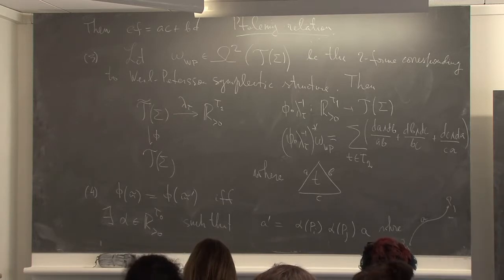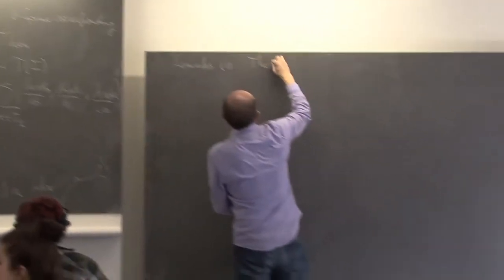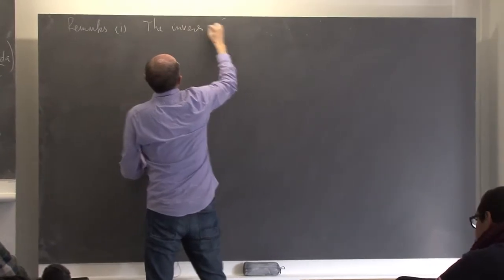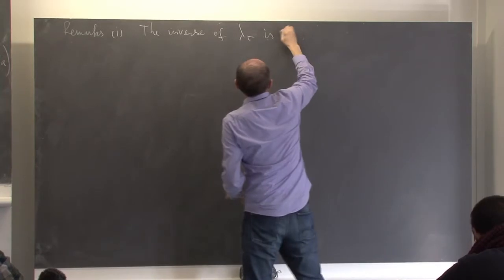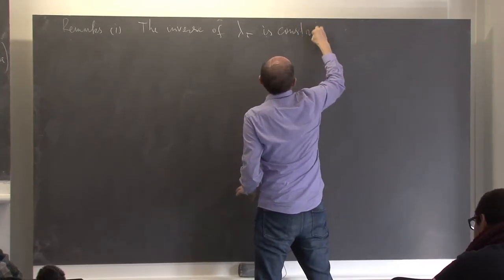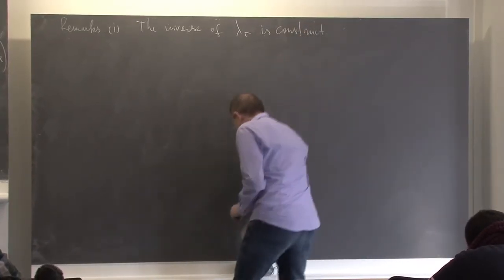So the inverse of lambda tau is constructed or is described as follows.